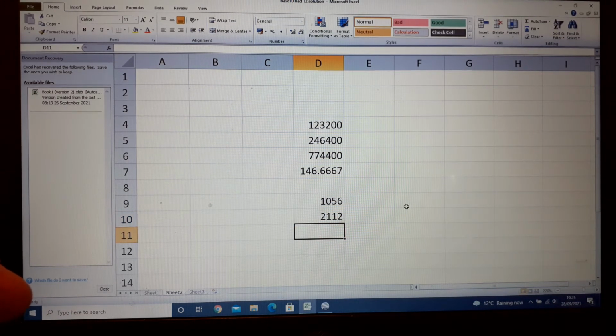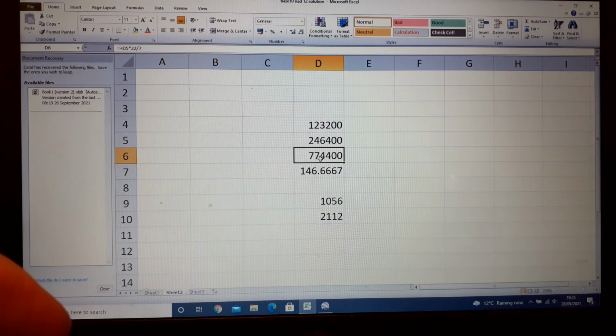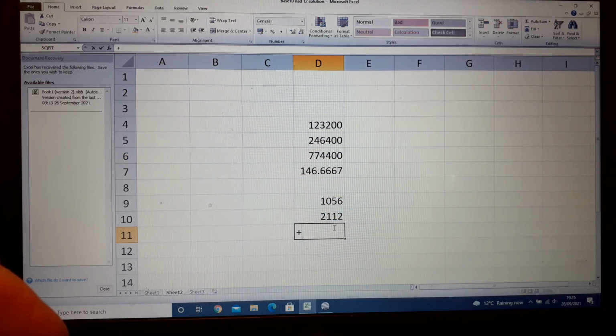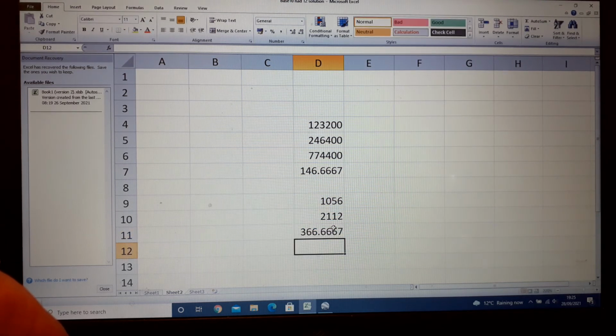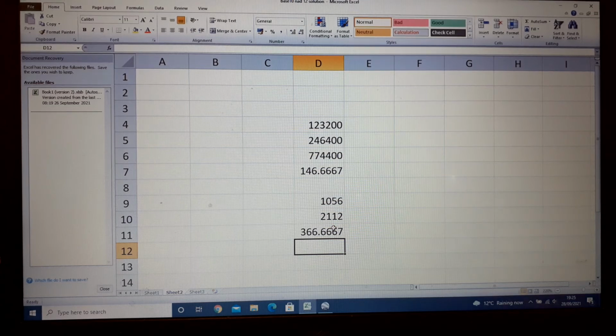And then we're going to divide that number of feet, which is 146.666 miles, by 2112. We get 366.666 solar days, which is exactly the same number as the Giza base, but the Giza base is in units of 100 imperial inches.